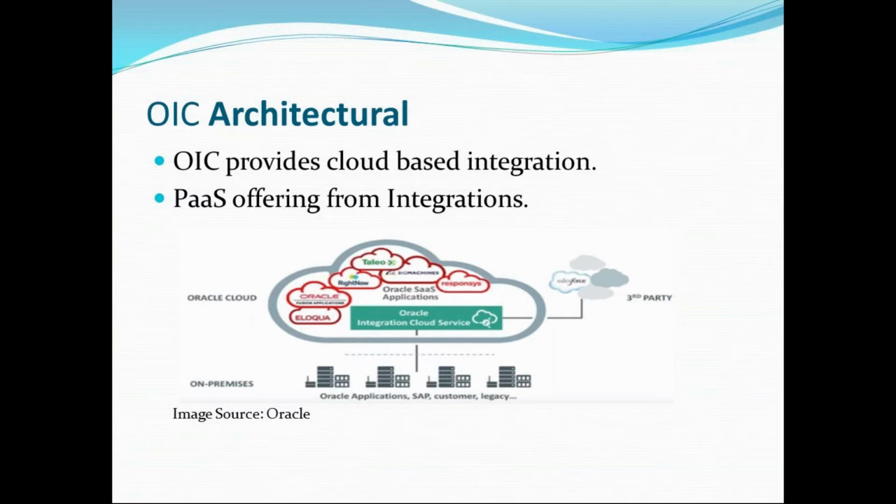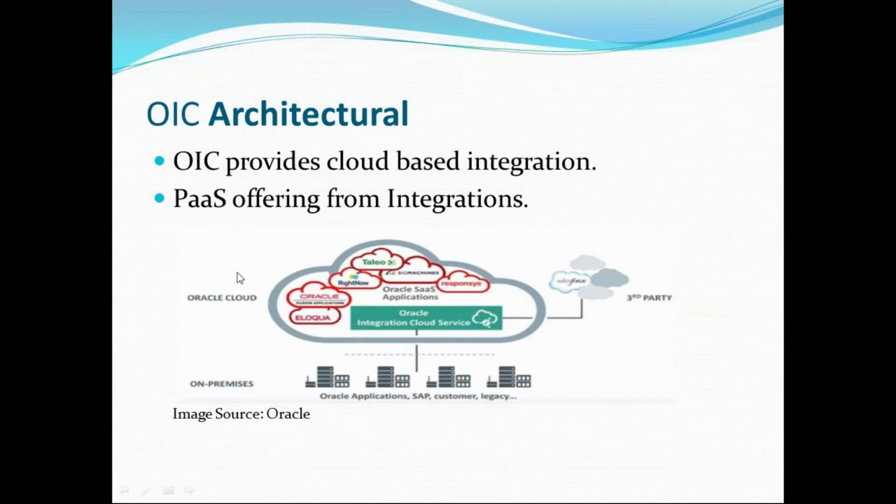For example, it provides different components: integrations, then process builder, then visual builder. You just need to go to the cloud infrastructure page and create an instance of those components or platforms, and they are available for you to use as software as a service.